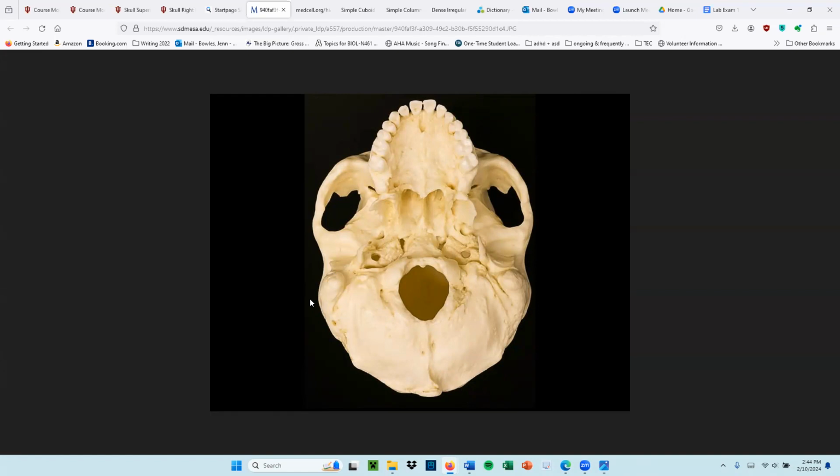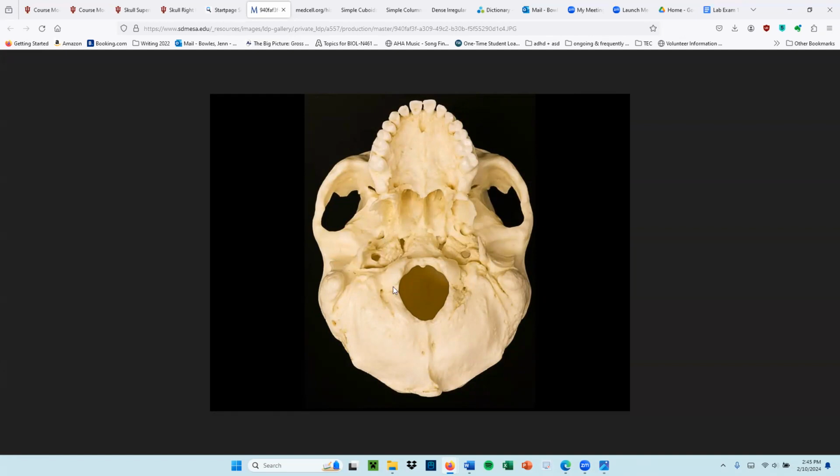So that's a good one to ask. We also have styloid processes. So it's a little hard to see here, but this pointy part just in front of that process is going to be the styloid process. We have mandibular fossa as well, just posterior to that styloid process.